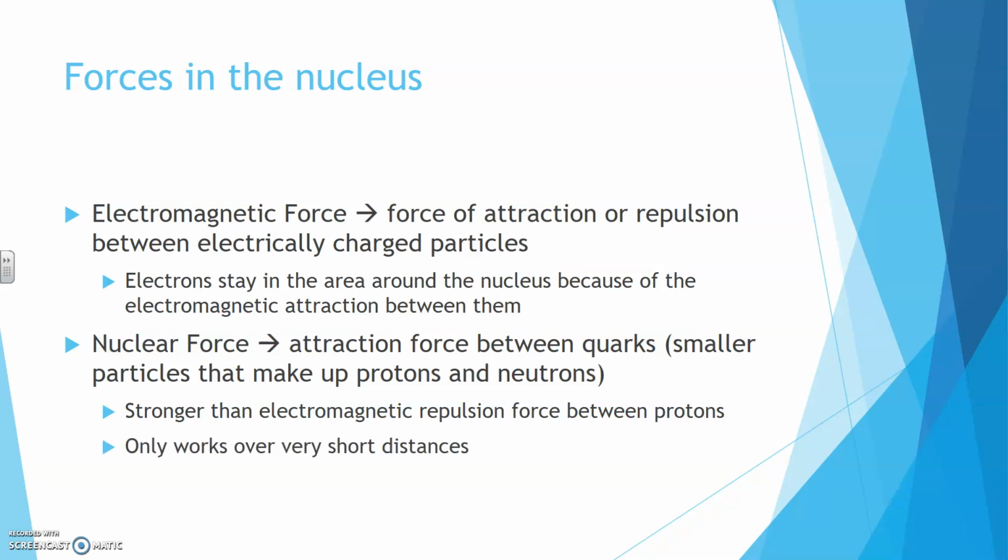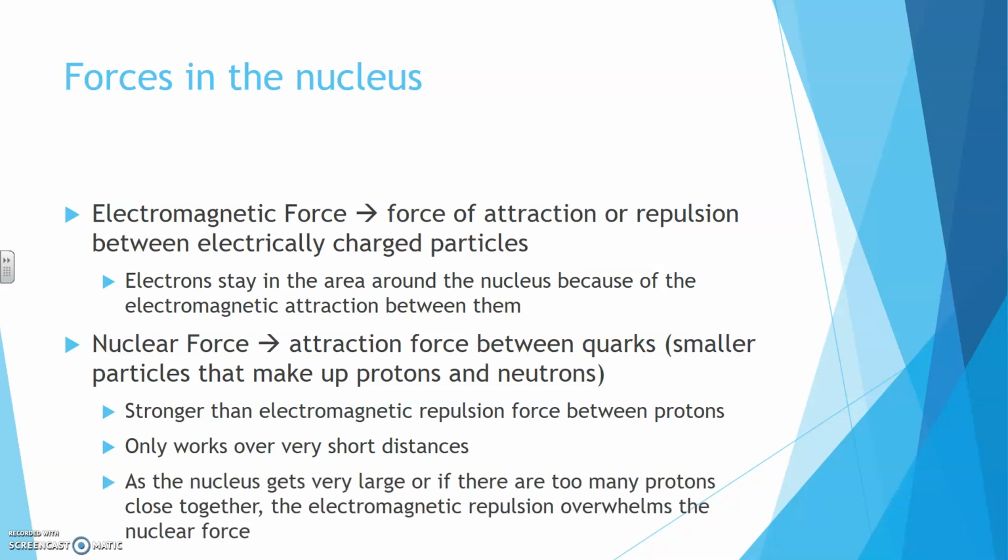The nuclear force also only works over very short distances. So you pretty much have to have the proton and the neutron touching in order for this to work. As the nucleus gets larger, or if you have too many protons that are all close together and shoved in there, then the electromagnetic repulsion will actually overwhelm the nuclear force. And that's when you get the nucleus breaking apart.